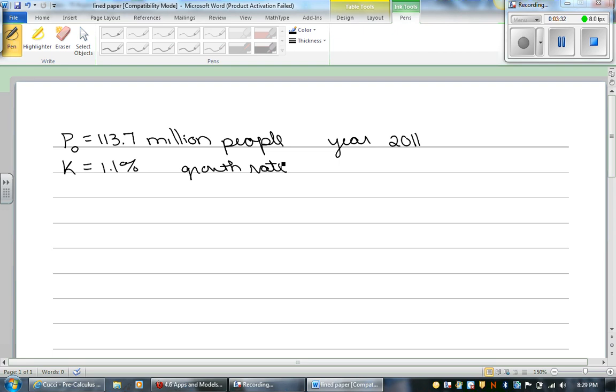Okay, so since that's what we know, we can go ahead and take the formula, which was P of t equals P sub 0 times e raised to the kt, and we're going to substitute directly into there. So P of t equals P sub 0, 113.7, times e raised to the k, which was 1.1.